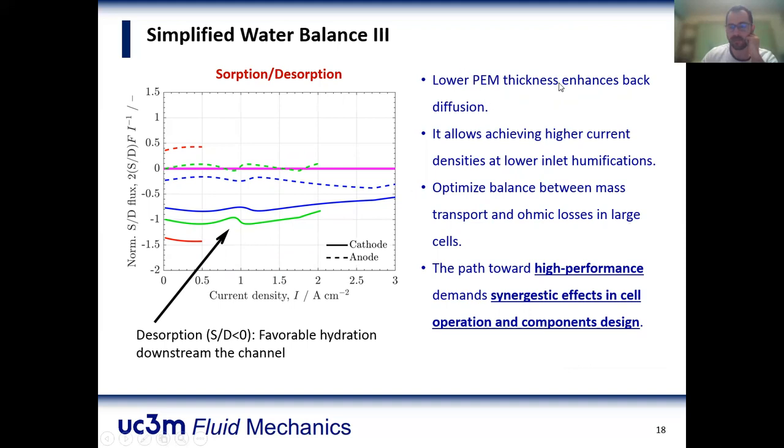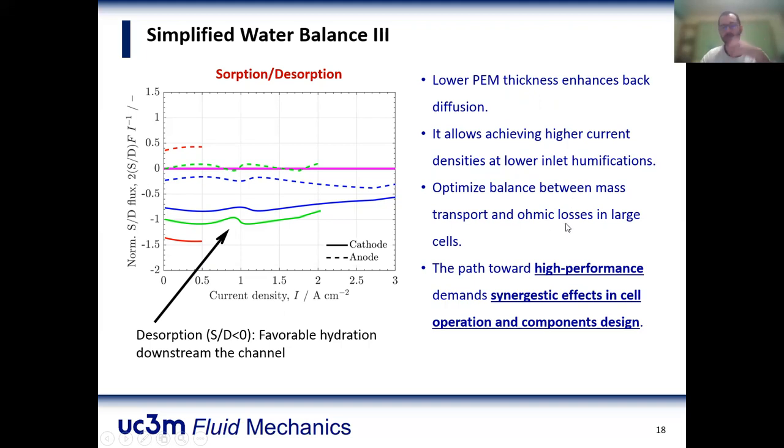So the main conclusion is that a lower membrane thickness enhances back diffusion. So we can have an acceptable performance at low humidification. This opens the gate to operate cells at low humidification, so we can have high performance. We can reach an optimum balance between mass transport losses and ohmic losses.